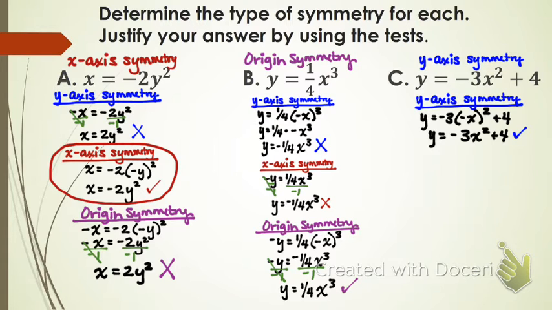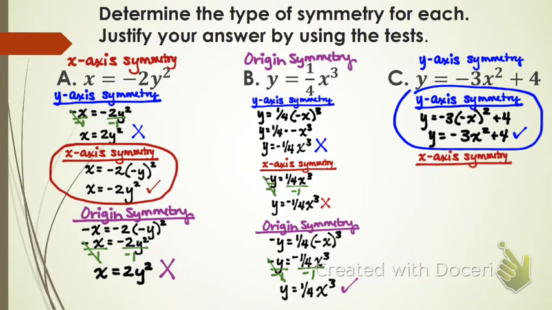And then I want to check for x-axis symmetry. So now I'm going to replace the y with a negative y. So negative y equals negative 3x squared plus 4.